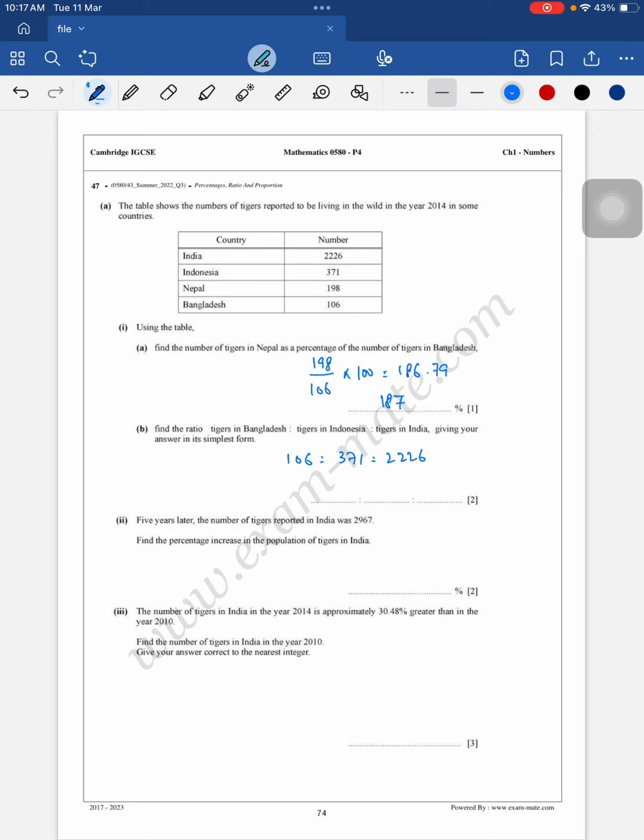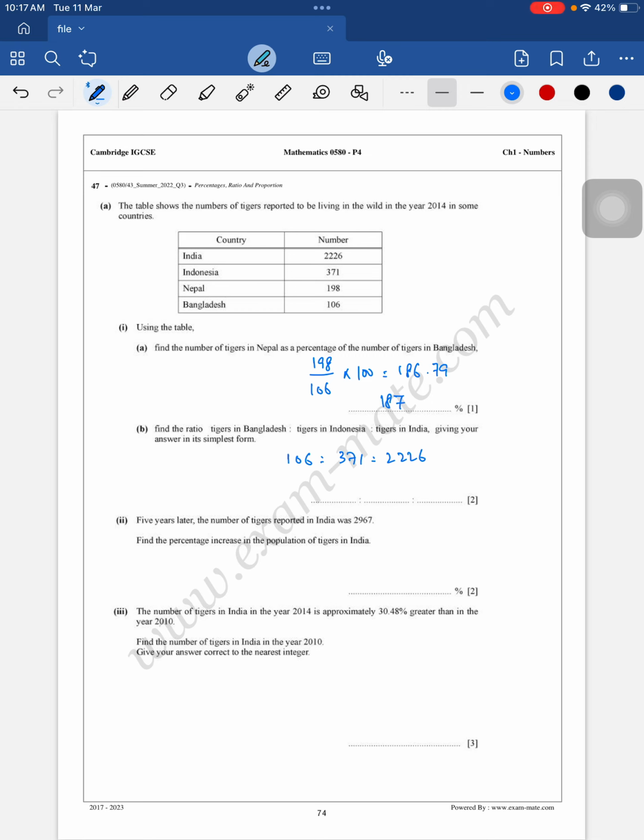So we have to think of that. Since 371 is not an even number, it will not be divided by 3. 371 divided by 3, no. 371 divided by 6, 7. Yes, 371 is divided by 7. 106 divided by 7, no. Divided by 6, okay, no.